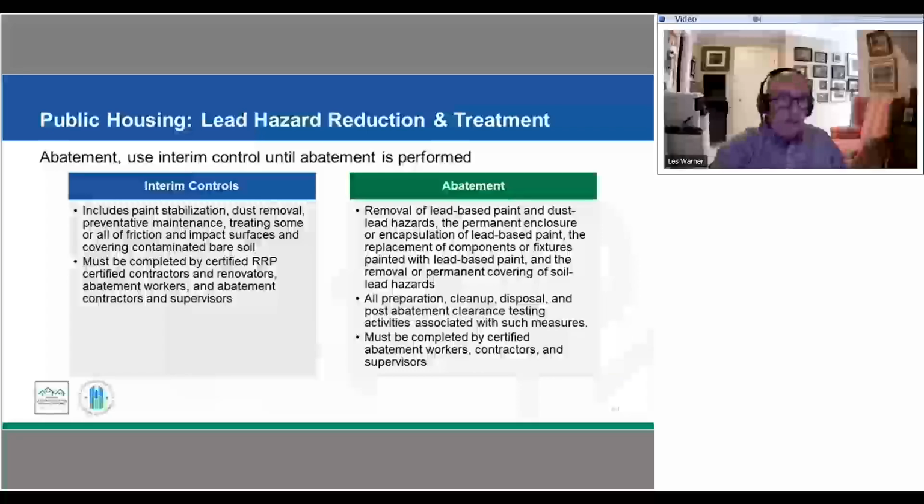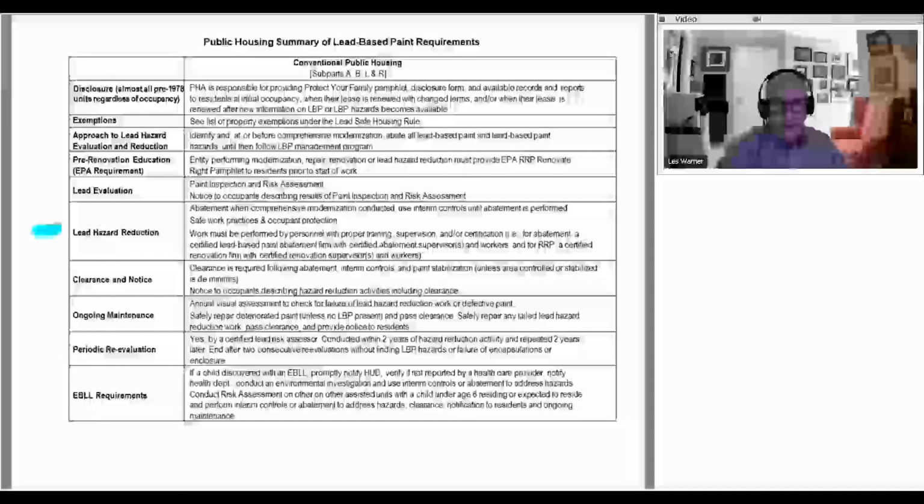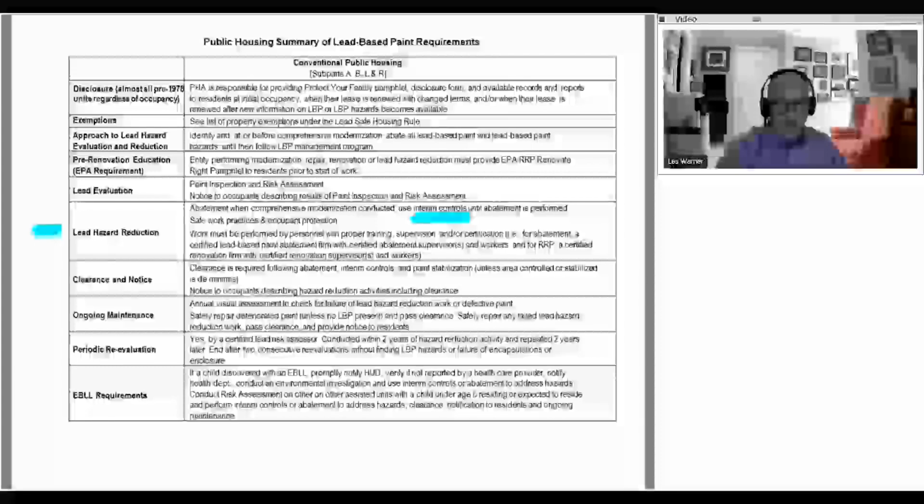All right. So for public housing, as Chris introduced when we looked at this form, when we talked about lead hazard reduction, we mentioned that as part of modernization, full abatement would be done. But until that's been completed, interim controls would be used in the meantime.